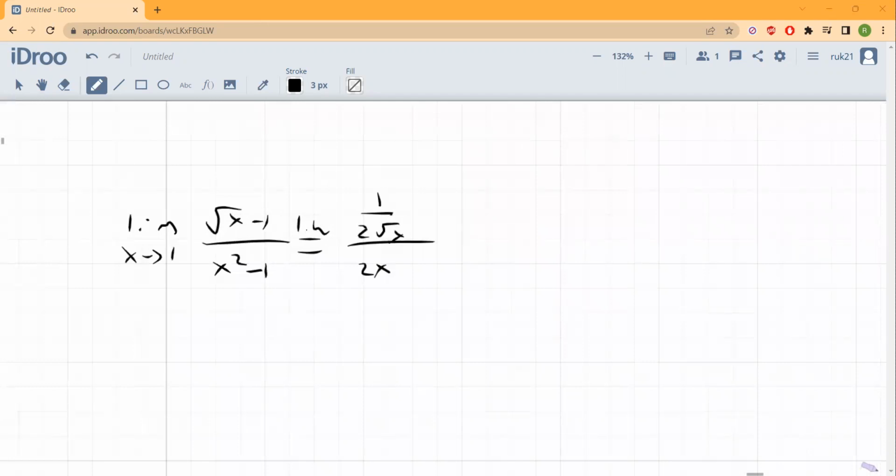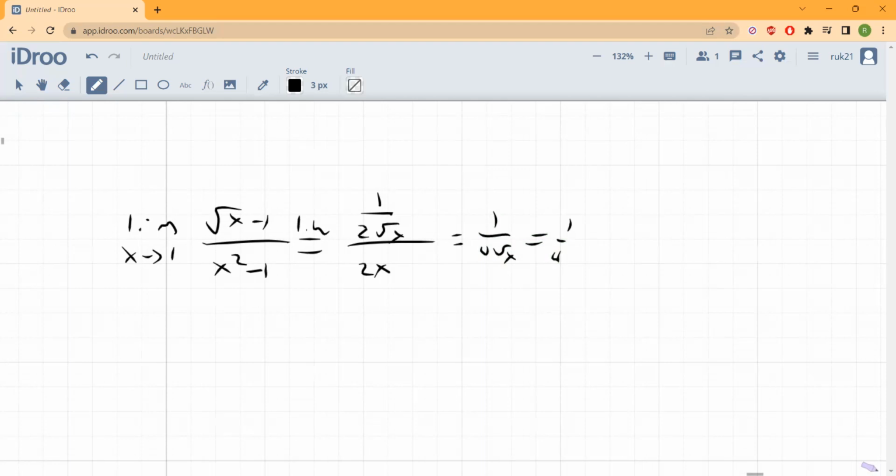Then if we plug in x equals 1, we get 1/4. So that would be our limit. Okay, let's look at the next question.